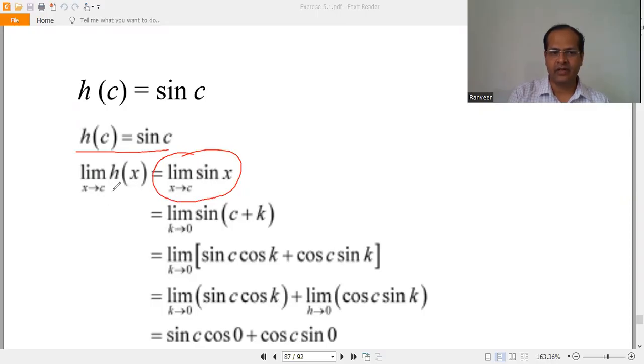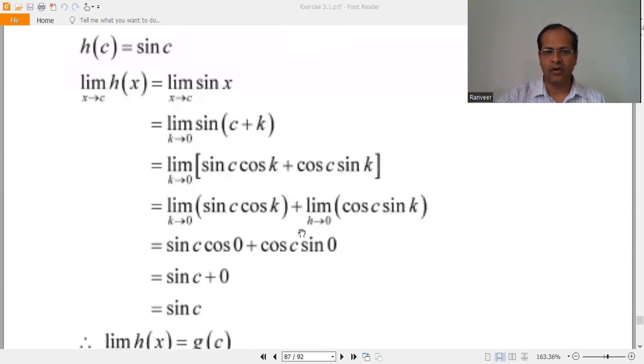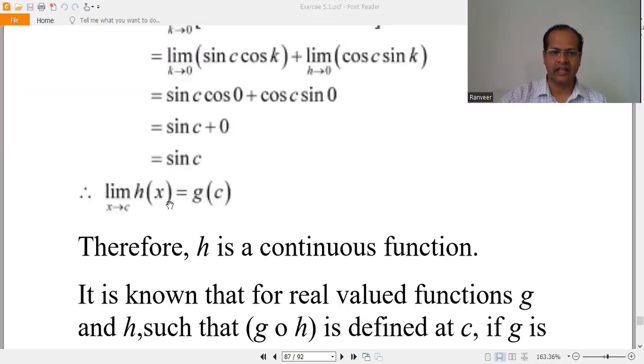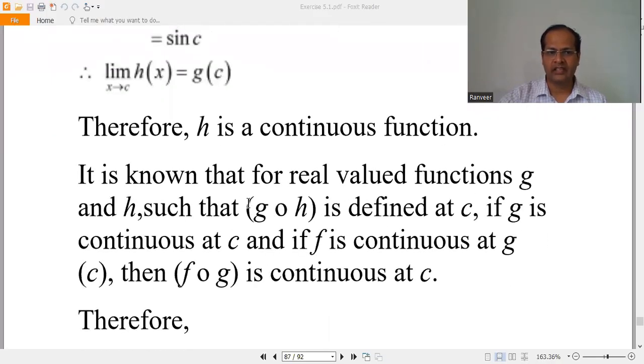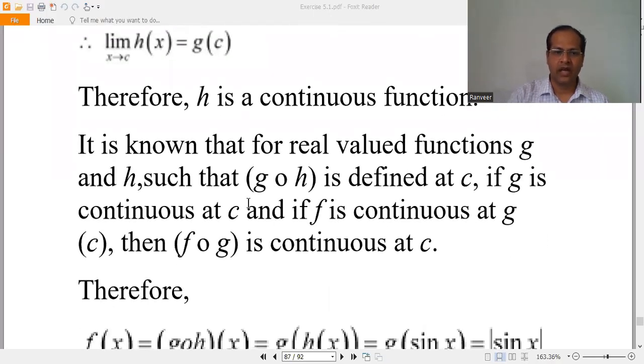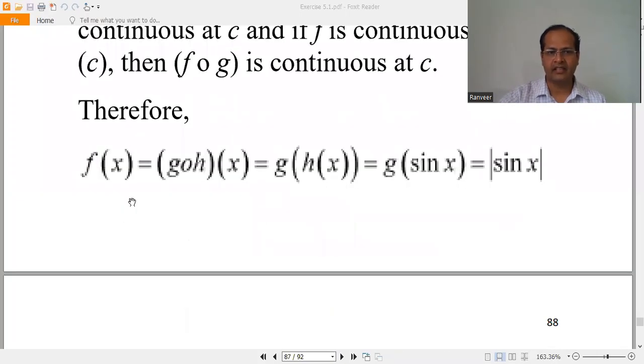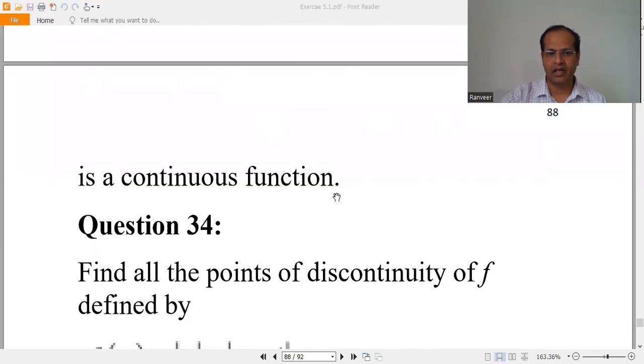After that, we just substitute h tending to 0, and in place of x, c plus h, and expand the value using the sin a plus b formula, and we get h of x equal to h of c. So h of x is also a continuous function. So the composite of f and g is a continuous function. That's why we can write f of g of h of x, that is, mod sin x, is a continuous function.